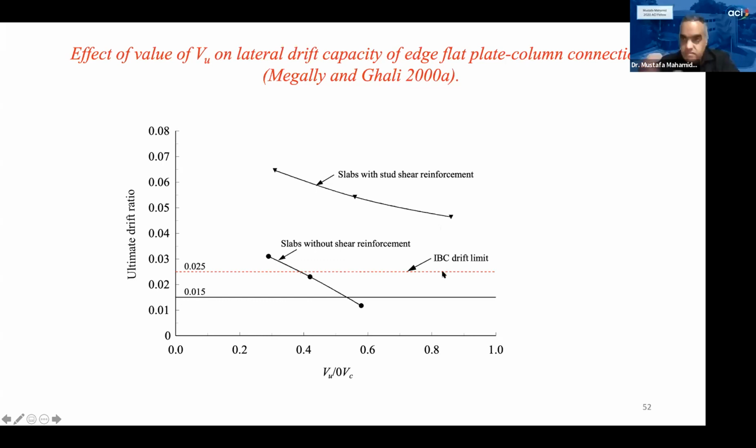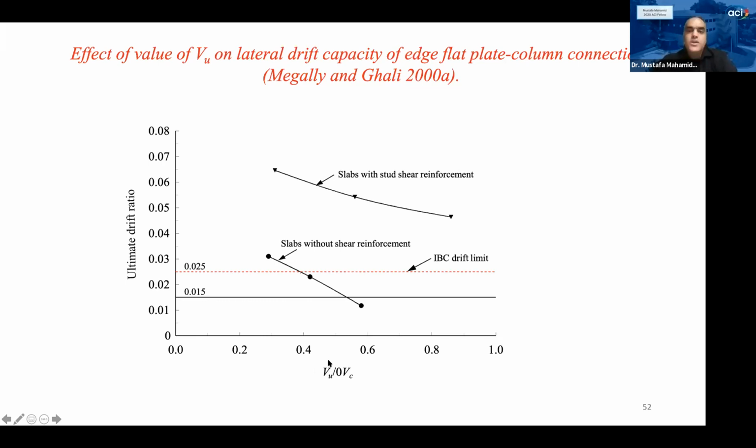We have a range, but that's the maximum. And this is the 0.015 limit. So you can see here for slabs without shear reinforcement, basically they barely meet the limit, but that depends on VU, how much shear is applied to the slab.